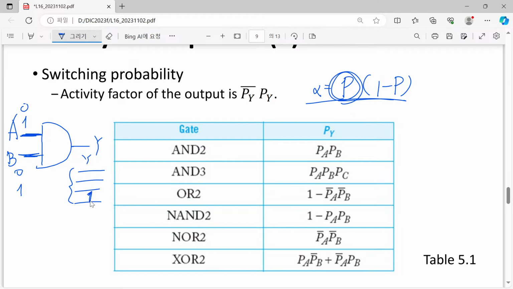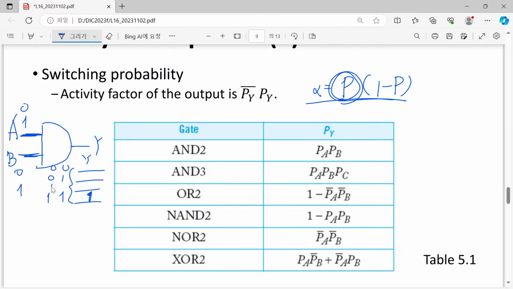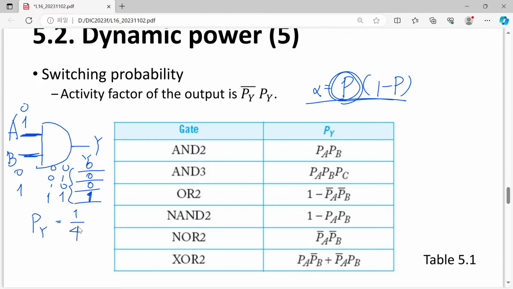In order to make Y equal to 1, the only way is A equal to 1 and B equal to 1. All other cases, like 0, 0, 0, 1, 1, 0, will give just 0 values. So we can say that the probability of Y having the logical value 1 will be just a quarter, because they all have the same probability.